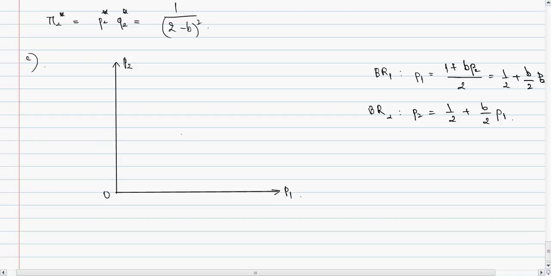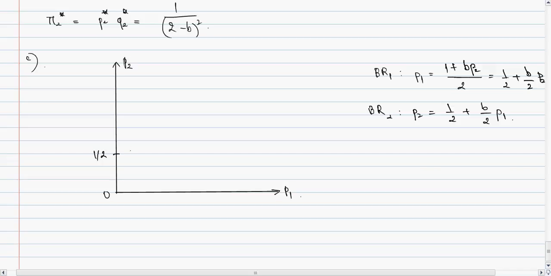Okay, I already got P2 on the vertical, P1 on the horizontal, so same as before, it will be easier to draw the best response function for firm 2 first. So the vertical intercept is equal to a half, and the slope is equal to B on 2.